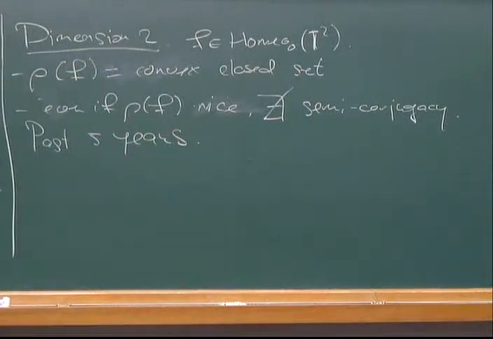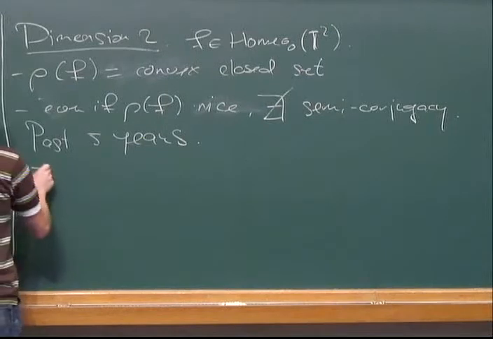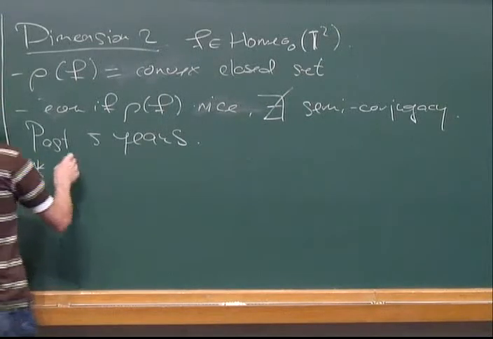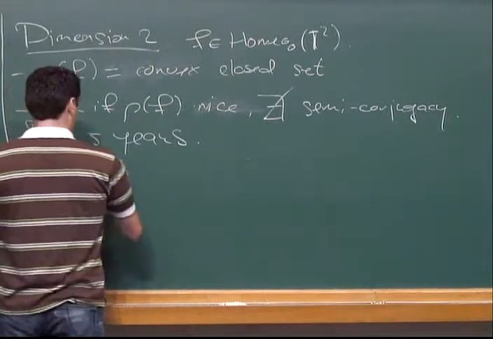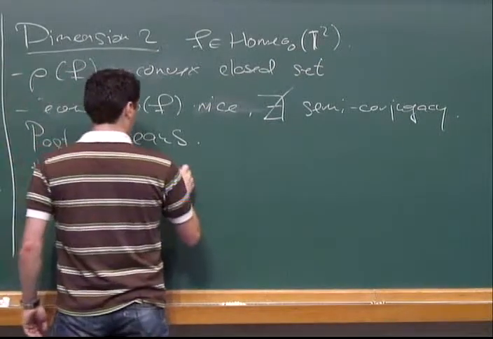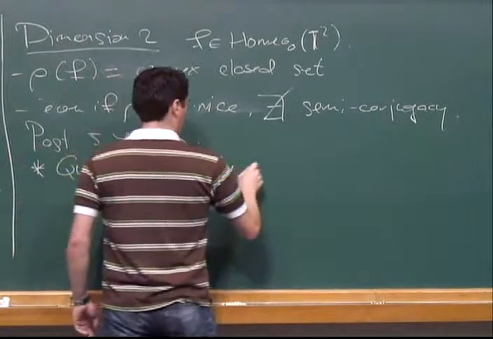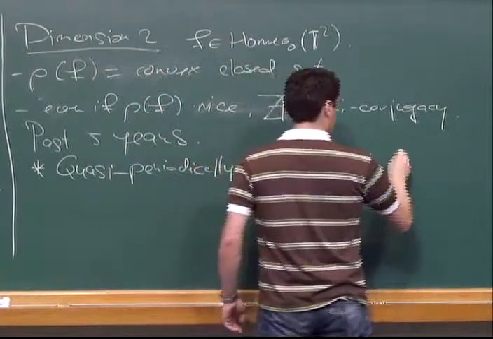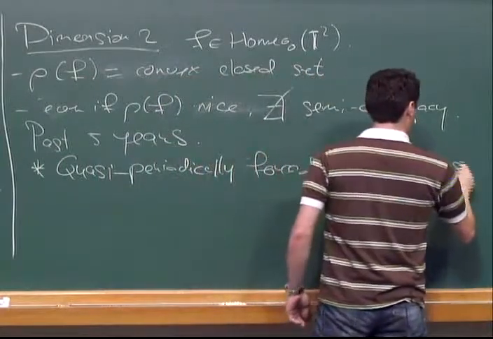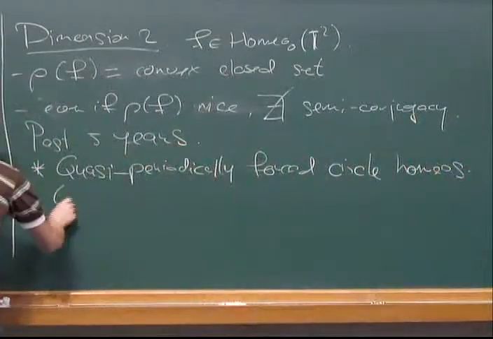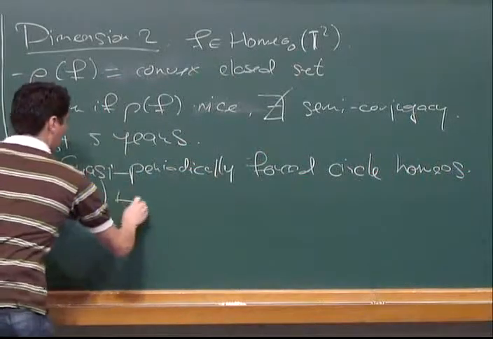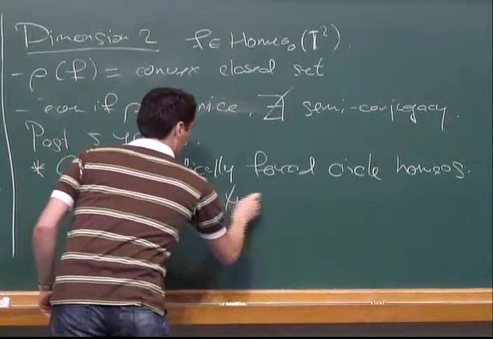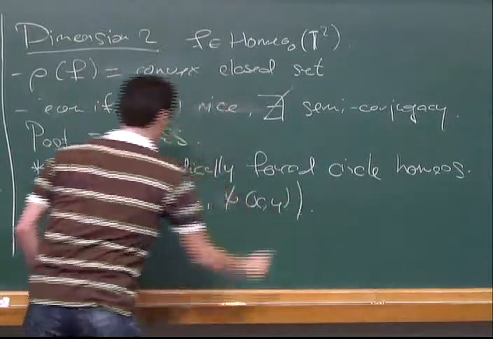Just to mention two, there's a group from CNRS in Germany, roughly, and they study what they call quasi-periodically forced circle homeomorphisms, which are basically just skew products of the following form: (x,y) goes to (x plus alpha, psi(x,y)).